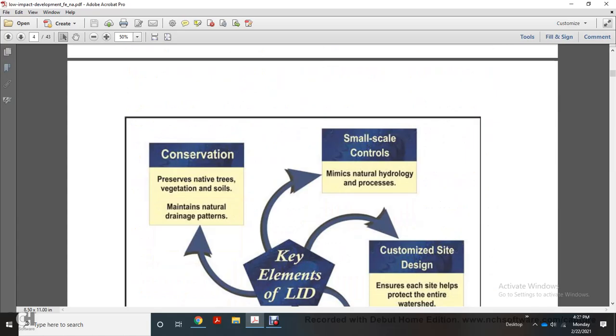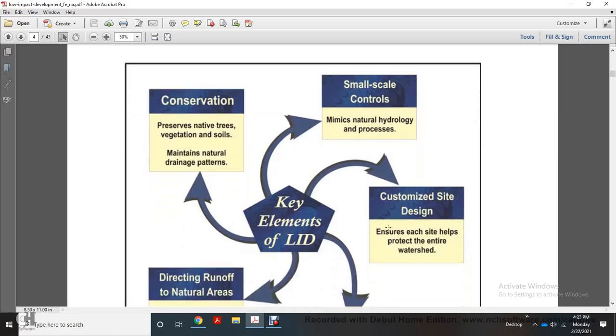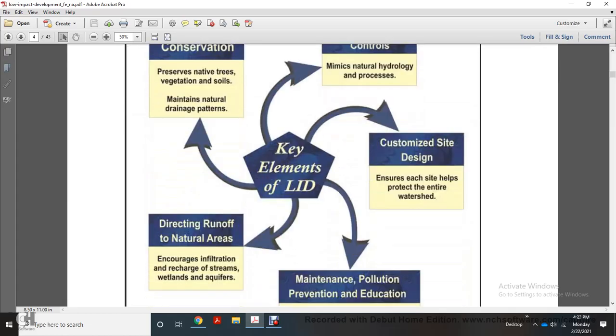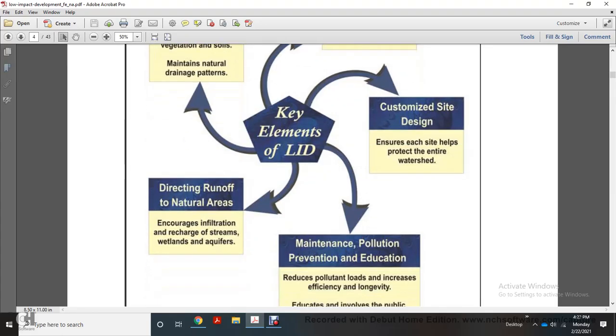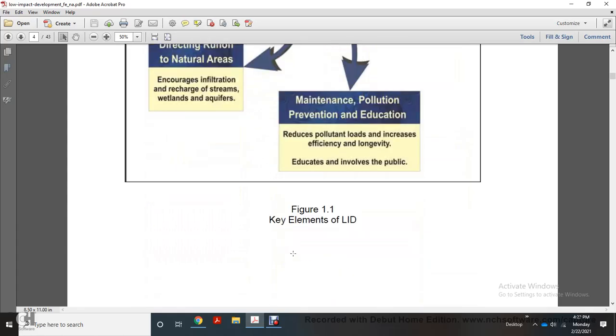Conservation: preserve natural native trees, vegetation, and soil, and maintain natural drainage patterns. Small-scale controls mimic natural hydrology and processes. Customized site design helps protect the entire watershed. Direct runoff to natural areas to ensure filtration and recharge of streams, wetlands, and aquifers, reduce pollution loads, increase efficiency and longevity, and educate and involve the public.